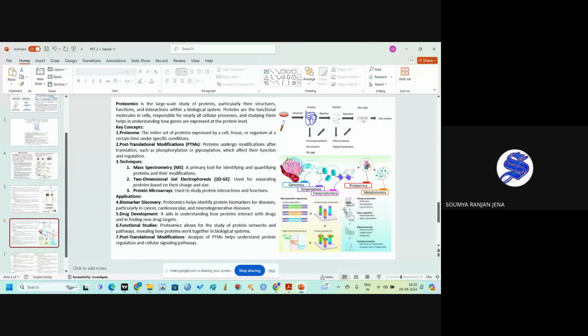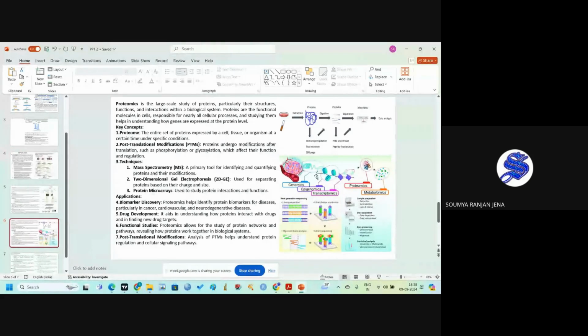Like this is the omics approach: genomics, that is at the DNA level. Epigenomics, that is at the histones level. In transcriptomics, that is the mRNA level. In proteomics, we study at the protein level. And in metabolomics, that is metabolites, signaling or small molecules.